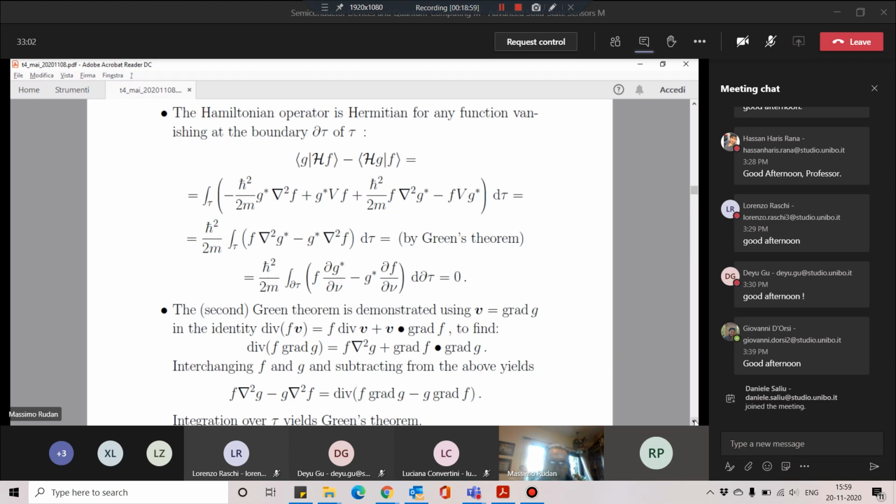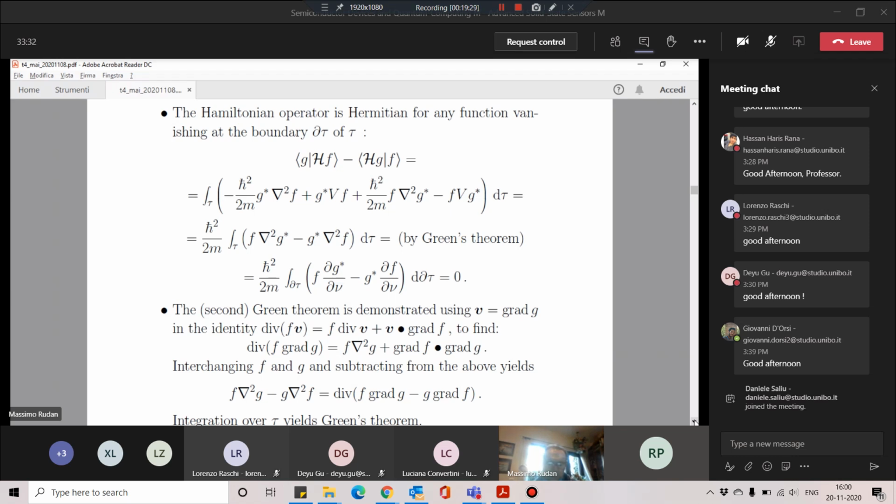You remember in the box, the boundary was not at infinity, but yet in that case, the function is 0 at the boundary. Or if the boundary is at infinity and the functions are normalizable, then they go to 0. So the integral goes to 0 at infinity because f and g star independently go to 0 at infinity.